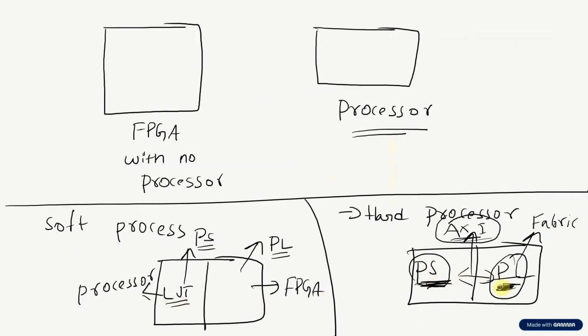If this processor wants to communicate with the programmable logic or FPGA fabric, like, suppose it needs to send any data to my programmable logic, here your interconnect is going to help you. This interconnect, like the AXI protocol, you are going to use, and you are going to send or receive whatever data you want.